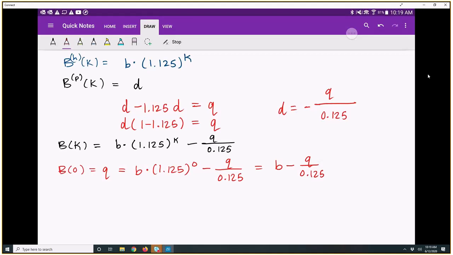And I want to point out here that 0.125 is equal to 1/8. So this is q over 1/8, which is the same as 8q. So this is equal to b minus 8q.